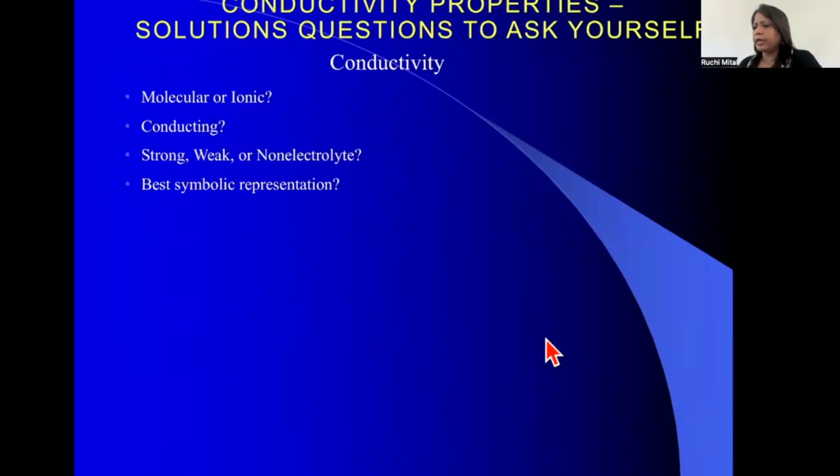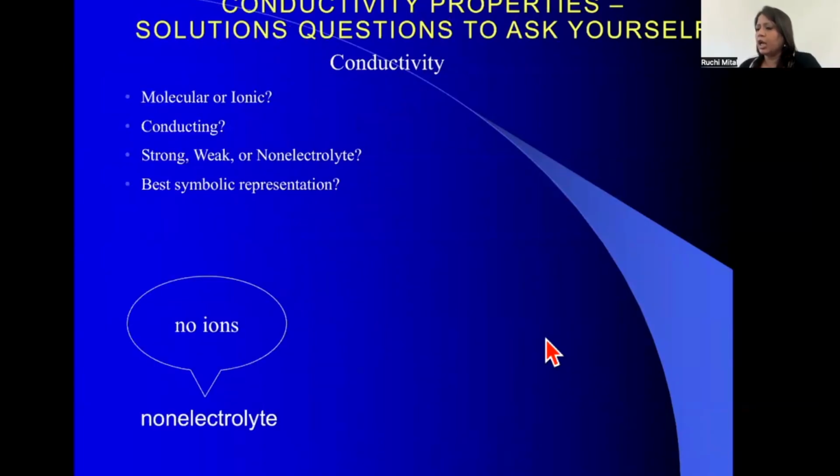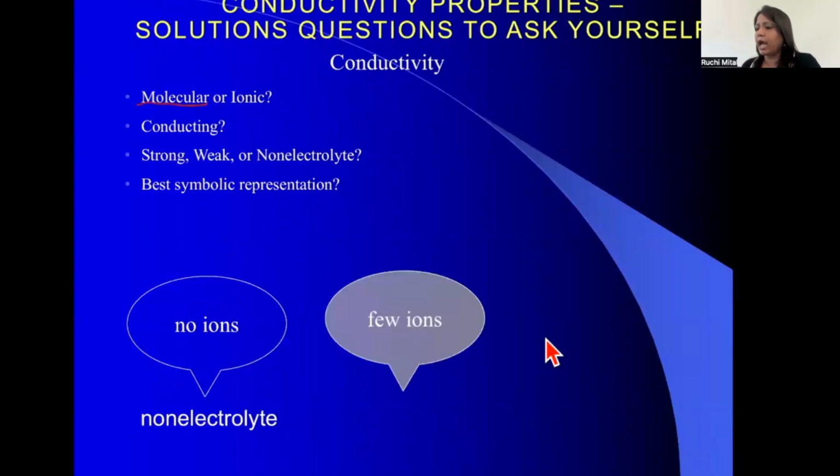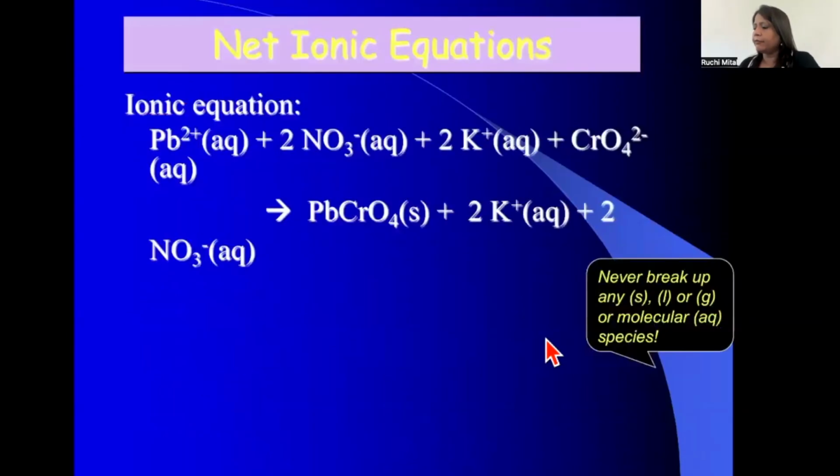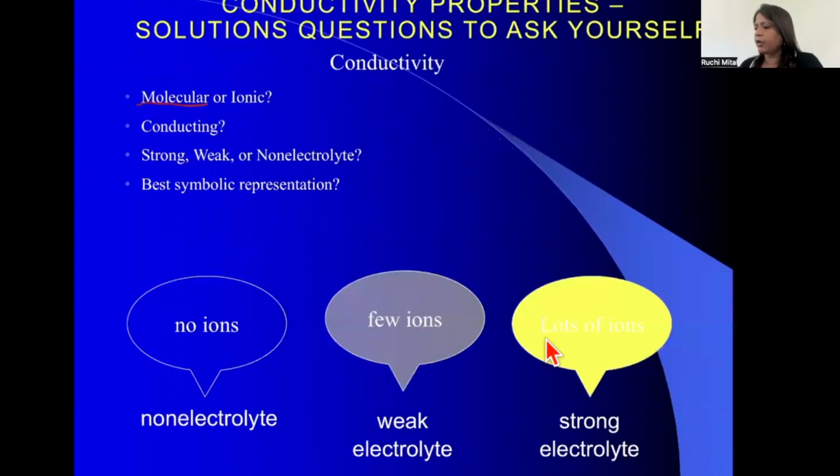So in terms of conductivity, we should understand that molecular compounds are non-electrolytes, so they are not going to conduct, while ionic compounds will. Weak electrolytes will conduct, but it would be a much dimmer light, while a strong electrolyte, that is all ionic compounds that are aqueous, strong acids, strong bases, is going to conduct a lot more electricity, right?